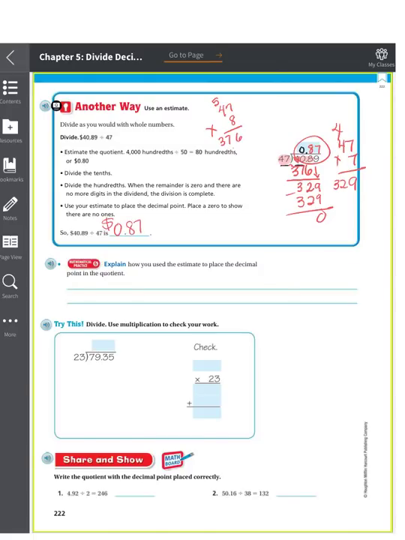Okay. So you don't have to use an estimate. I think it's kind of confusing. You do want to make sure that, yes, if you're dividing $40 by 47, it's probably going to be a little bit less than 1. Okay, so you don't need to do that part. Okay, so then we're going to try this. Use multiplication to check your work.